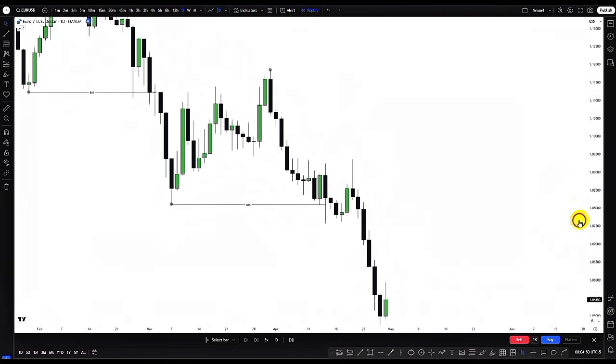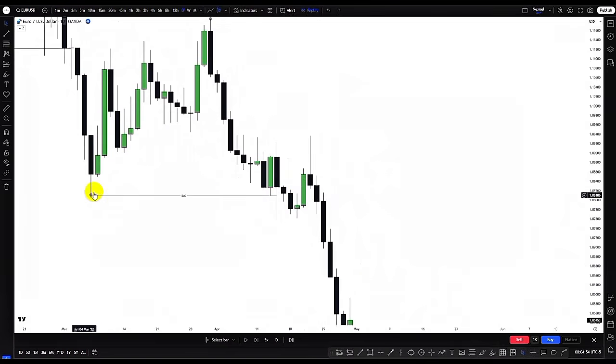Now what you can see here is this candle swept this low. This is not the candle that gave us the valid break of structure. What gave us the valid break of structure is actually this candle here. This bearish candle gave us the valid break of structure, because this is where we have volume closing below the wick of this bearish candle that swept liquidity, and also closing below the swing low points we have here.